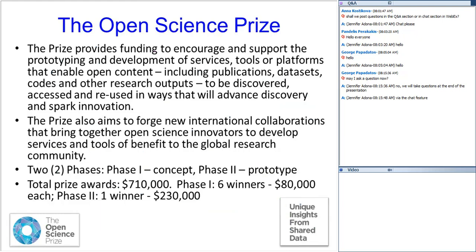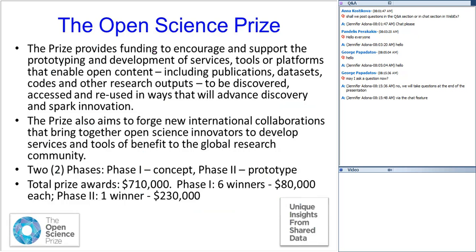Next slide, please. So the Open Science Prize, the overall goal of what we're trying to achieve is to encourage and support the development of prototypes and development of services, tools, and platforms that will enable content to be widely distributed, to be discovered, reassessed, and reused in a number of different ways.